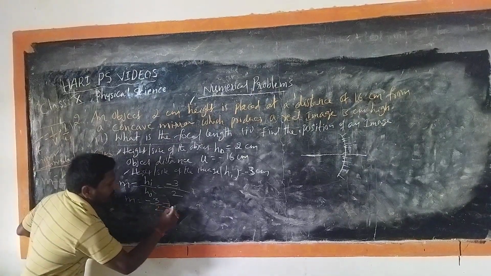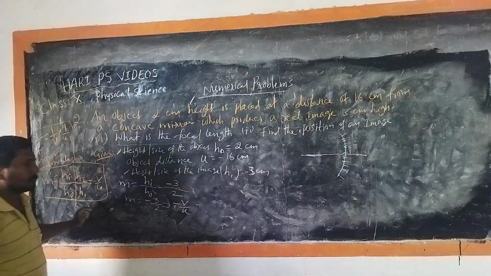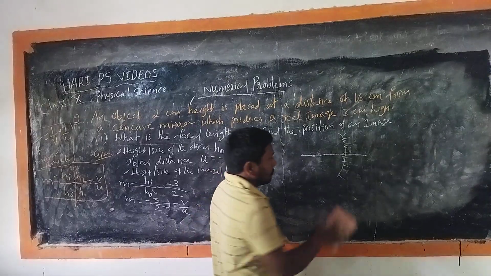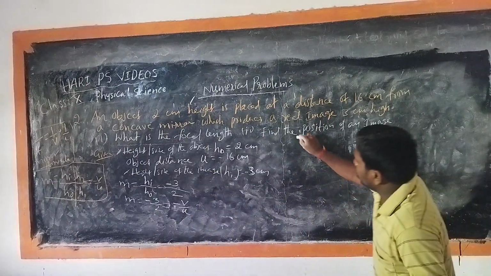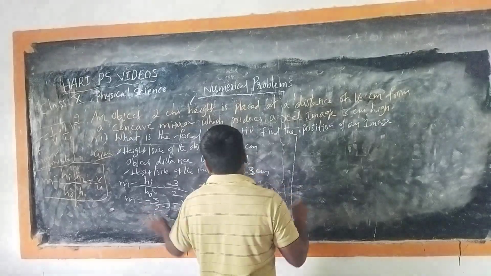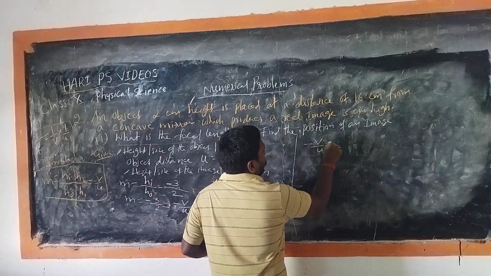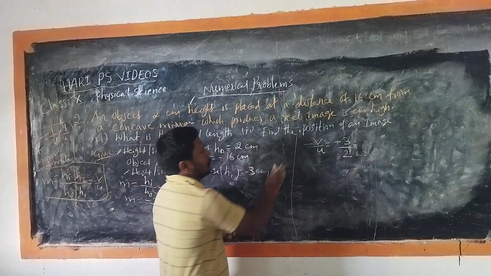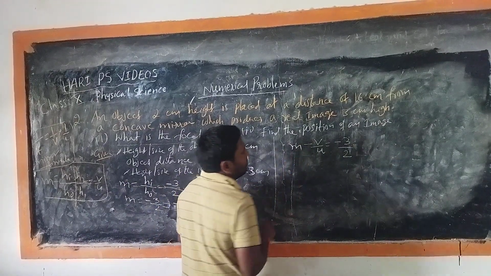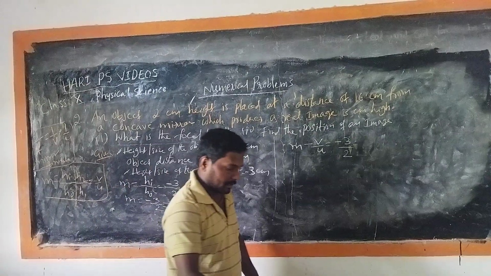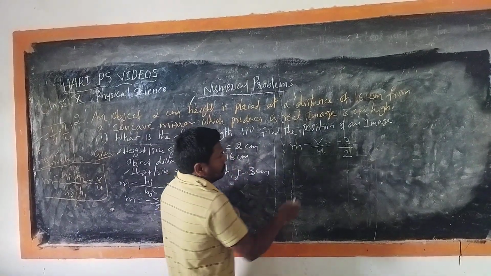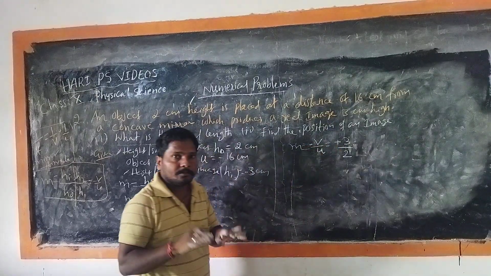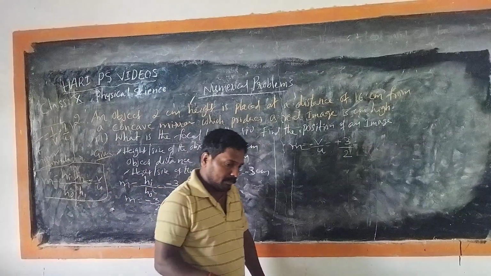So write like this: minus v by u equal to minus 3 by 2. That equals magnification. Here minus will get cancelled out. No problem.